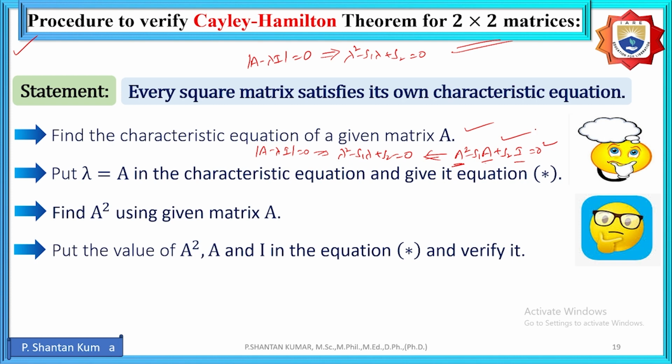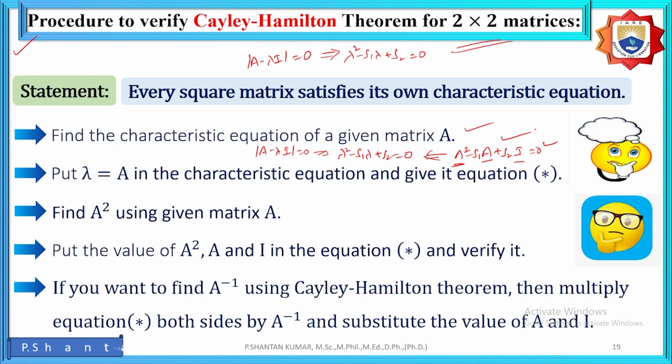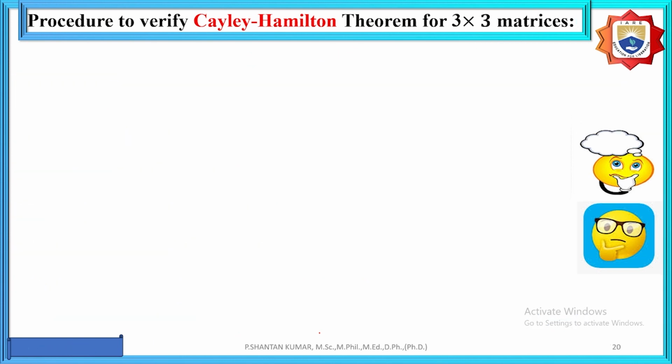That is the meaning of verifying the Cayley-Hamilton theorem. Further, if you want to find A inverse, multiply the equation by A inverse and find the solution. We discussed all these things in the previous lectures, verification of the Cayley-Hamilton theorem and finding the powers and applications.